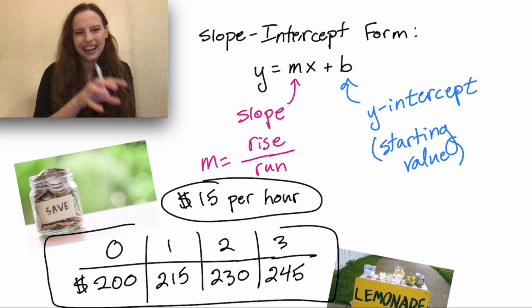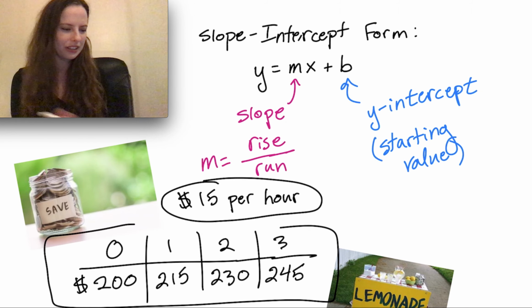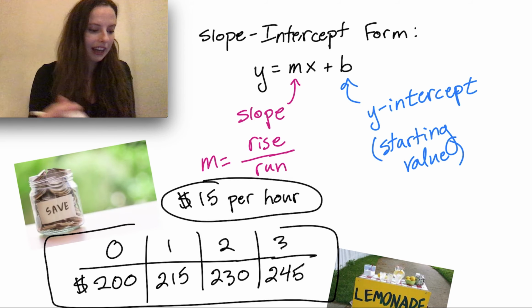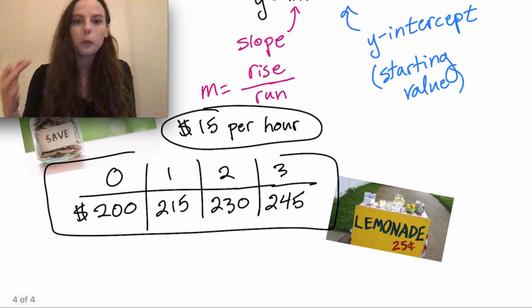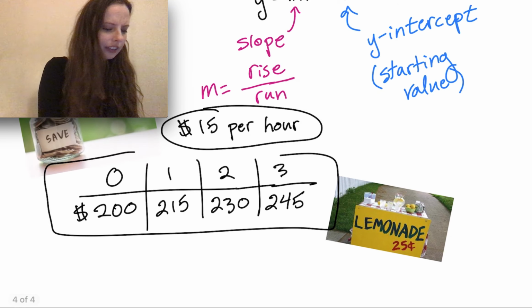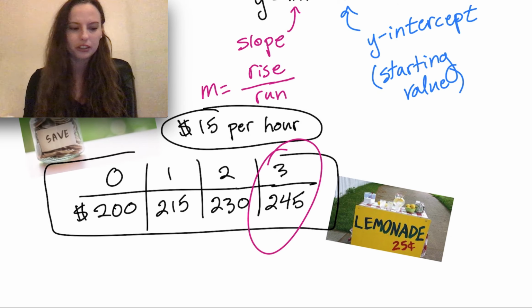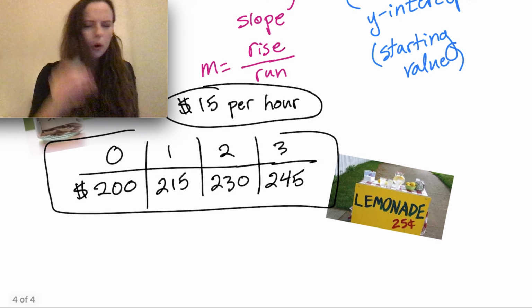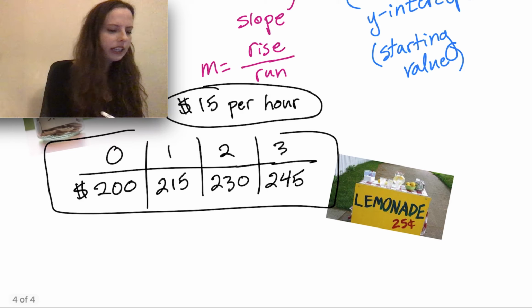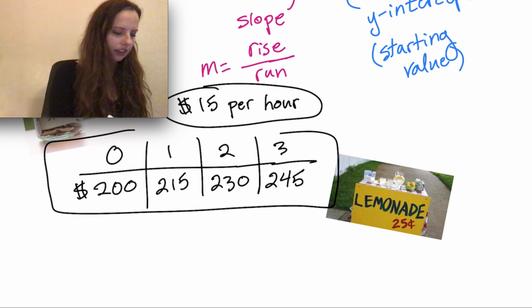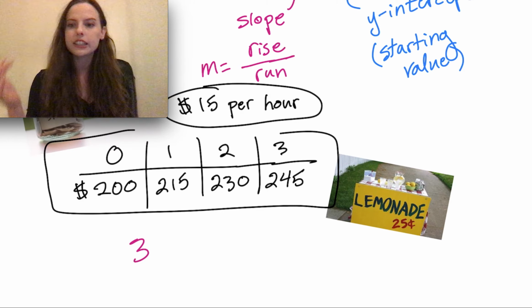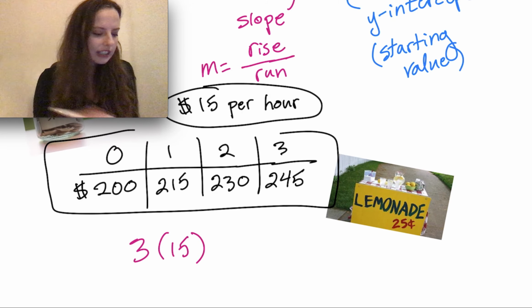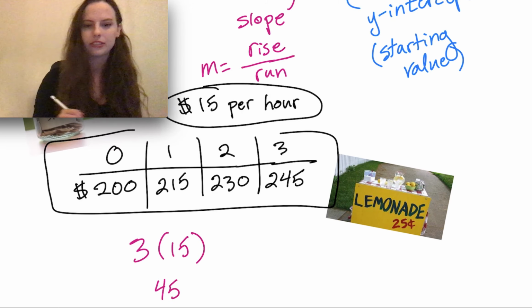Okay, so how could we take this information, which should be pretty intuitive to us? How do we take that and put it into this weird formula or equation that looks so mathy? Well, think about what you would do to calculate how much money you would have after the third day if you weren't actually making a table. Wouldn't you say, okay, 3 days, each day I'm making $15, so after 3 days I'm gonna make $45.